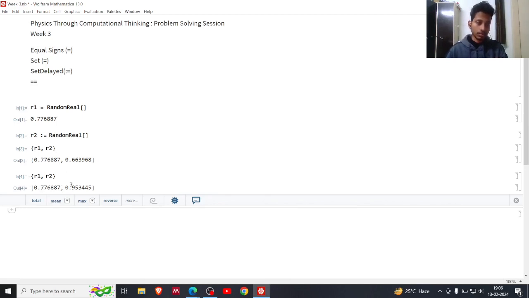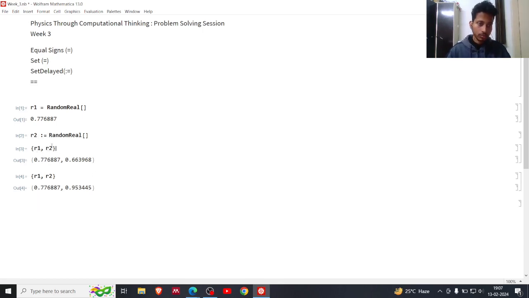It is happening because R2 is being evaluated whenever it is used, and the RandomReal command is being executed, and that's why we are getting different results. At input line 3 R2 is evaluated once, then in input line 4 R2 is evaluated again.